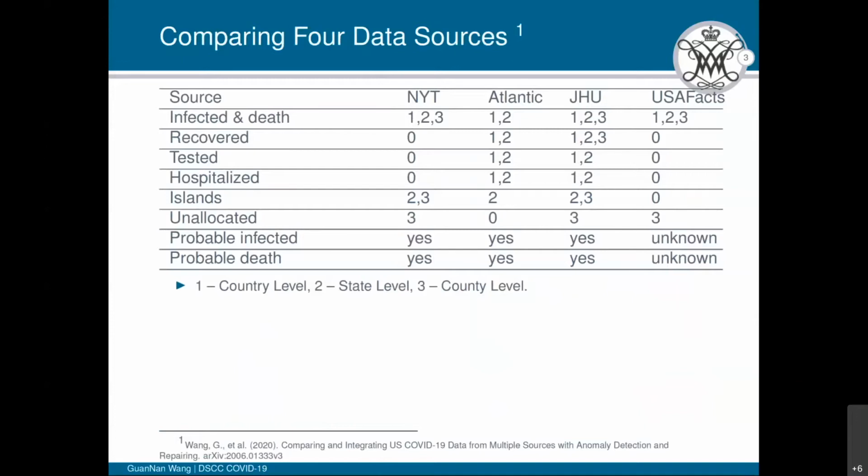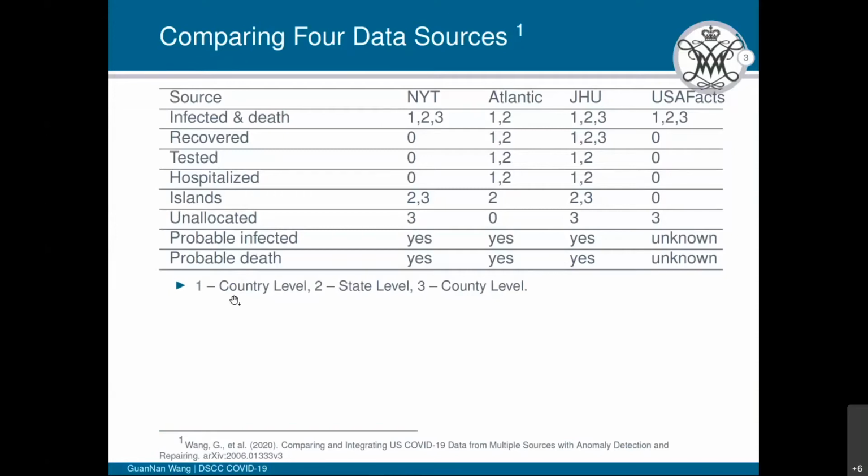Another point we may be interested in here is whether the source includes the data from the islands, such as Puerto Rico and Virgin Islands. Whether the data has unassigned information is also quite useful when we are trying to match the state level and the county level data together. Probably infected and death cases here indicates whether the dataset includes both the confirmed and the probable cases.